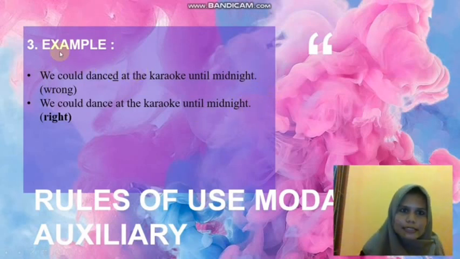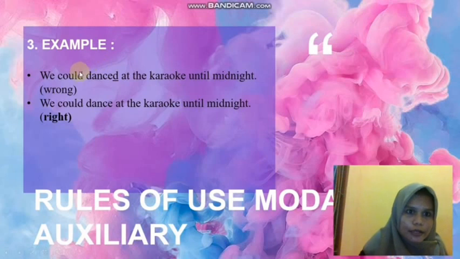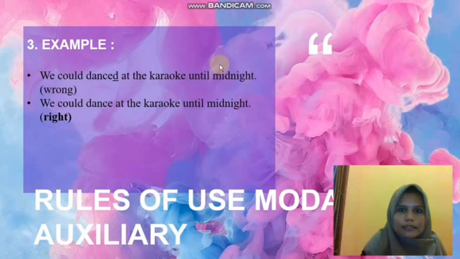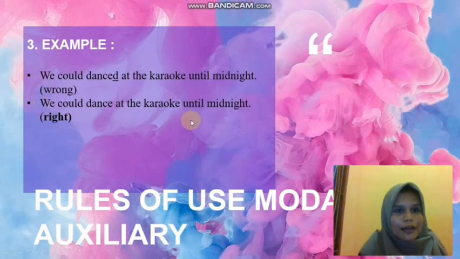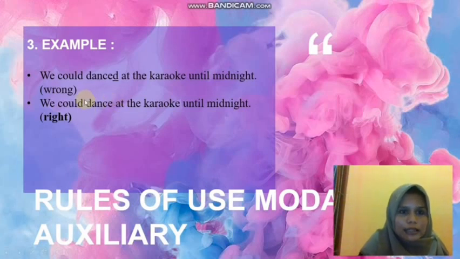The first is the wrong example because you can see the verb is past form, by adding d, and then you can see by the time signal that this is a past sentence. So this is wrong, and it doesn't fill the rules. The right example is "We could dance at the karaoke until midnight" without the d on the verb.